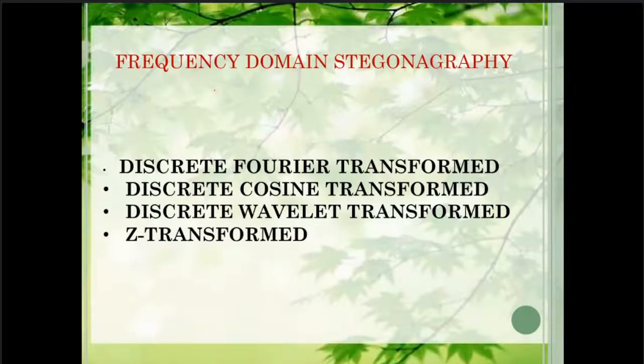Rather, I am using some transform equations to transform my image from the spatial domain to the spectral domain, and I am generating the frequency component. And I am embedding into this frequency component. And then I am converting the embedded frequency component into the spatial domain using some inverse transform. We know that the transform equations are reversible.